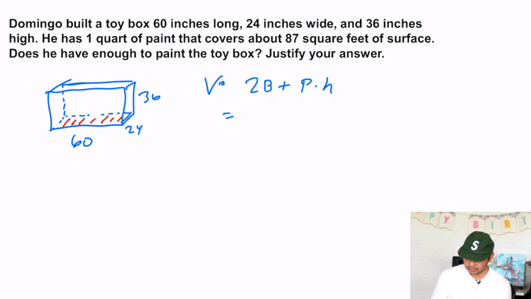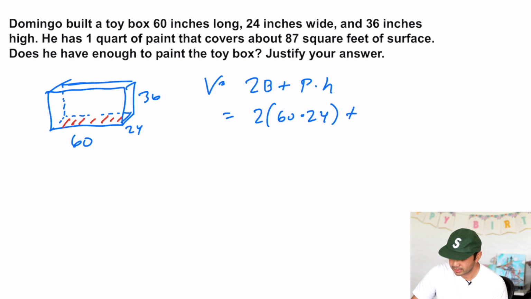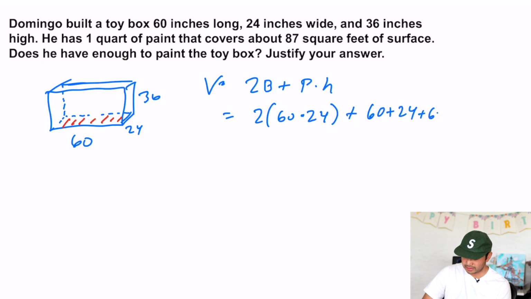So 2 times 60 times 24, plus the perimeter, which I'm going to write out because you might get confused: 60 plus 24 plus 60 plus 24, times the height or the altitude, which is 36.